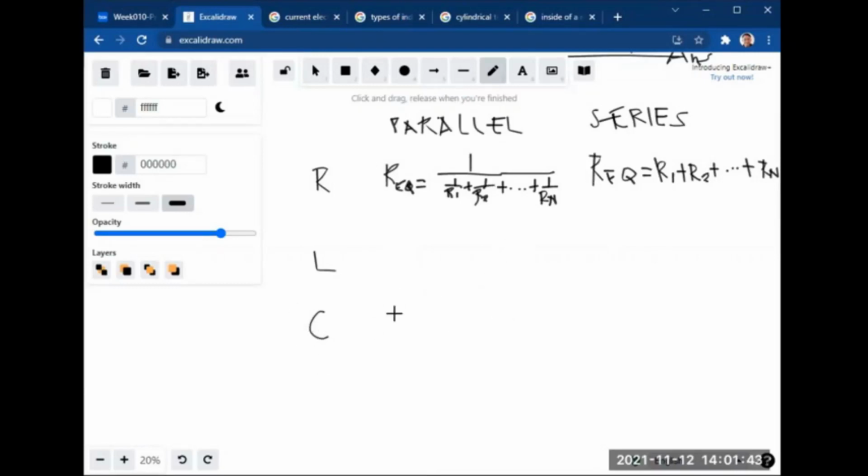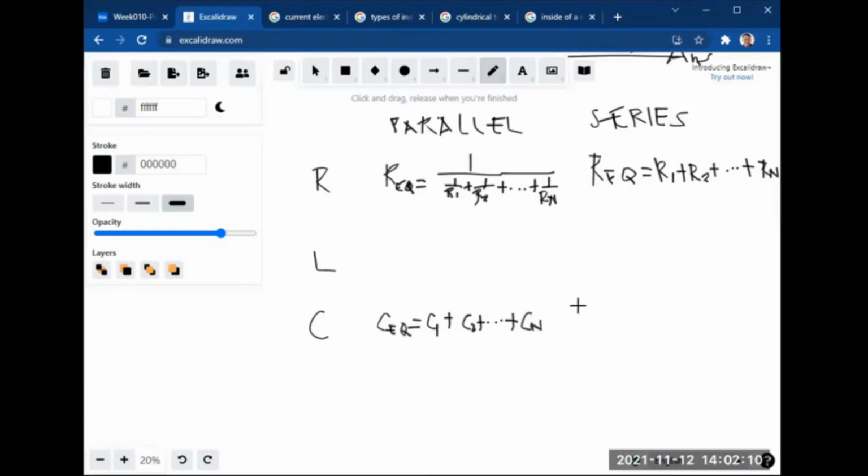So for the parallel capacitors, equivalent capacitance is equal to C1 plus C2 plus as many capacitors as we can. Again, the capacitor is the opposite for resistor.